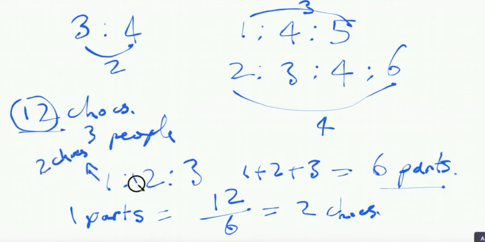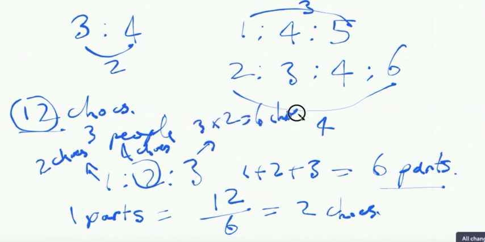Second person is going to get 2 parts, which is going to be 2 times 2, which is 4 chocs. And the third person is going to get 3 parts, and we know that 1 part is 2 chocolates, so therefore 3 parts will be 3 times 2, which is 6 chocs. Therefore our answer would be 1 person gets 2 chocs, the other person gets 4 chocs, and the final person gets 6 chocs. So that's how you can solve a question involving 3 sections in ratio.